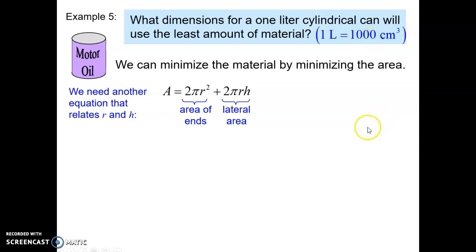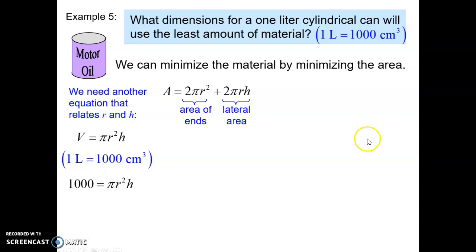So then I go to Google and I go, well, what's the volume of a cylinder? The volume of a cylinder is pi r squared h. And I know that the volume is 1,000. So I could substitute 1,000 into the volume equation. And then I could solve that equation for either r or h.